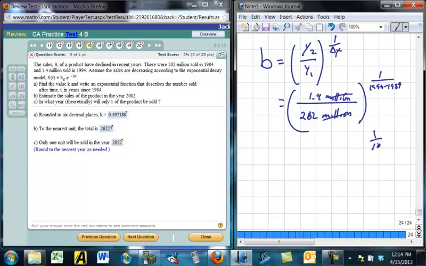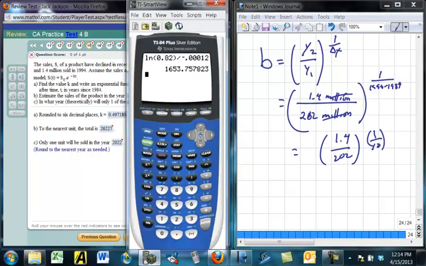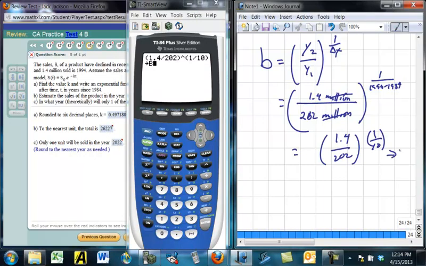So this is 1/10 here. So we can use this to figure out the base. 1.4 divided by 202 to the power, parentheses, 1/10. And I'm going to store that as b in our calculator. So there's the base.